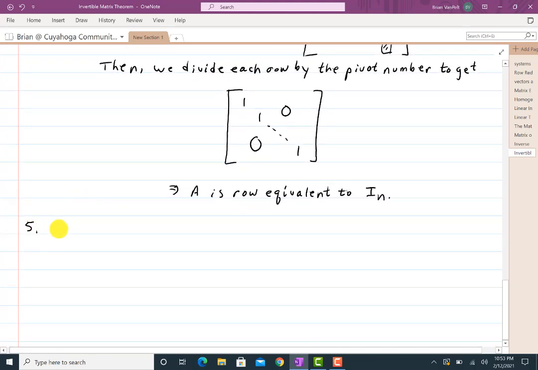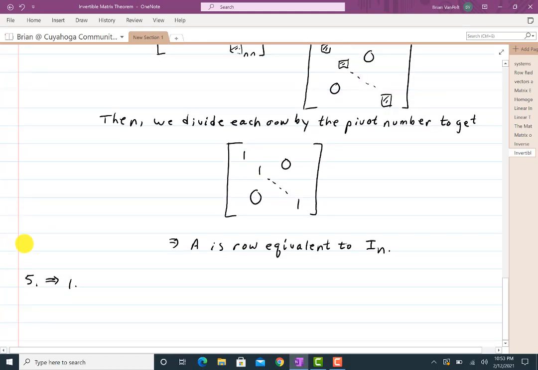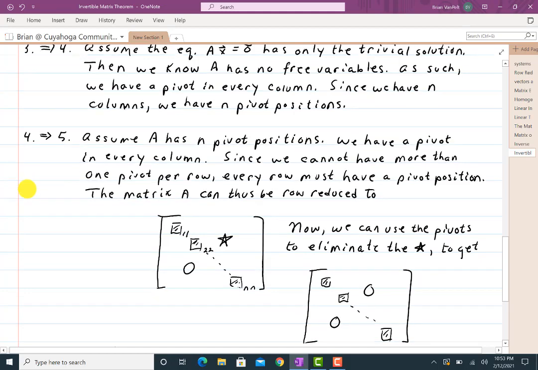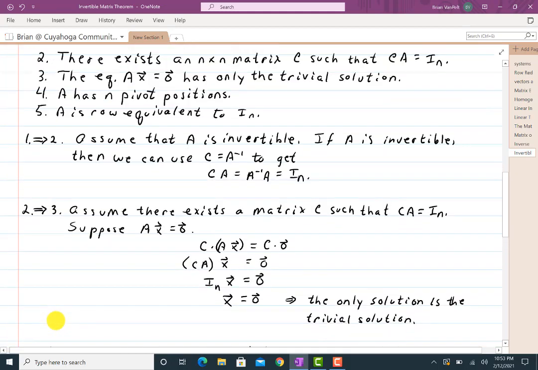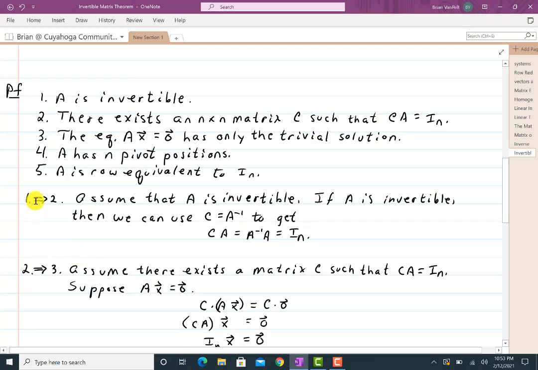Now the reason I grouped those 5 together is now I'm going to do this. I'm going to take number 5 and go back and prove number 1. So let me scroll back here for a minute, and I'll explain the importance of this in just a second. Once I go and show that 5 implies 1, that means that all 5 of these things imply each other. They're all equivalent to each other, because if I wanted to, say, prove option 4, but I have option 2 available to me, well, I know that using 2, I can prove 3, and then I can prove 4.